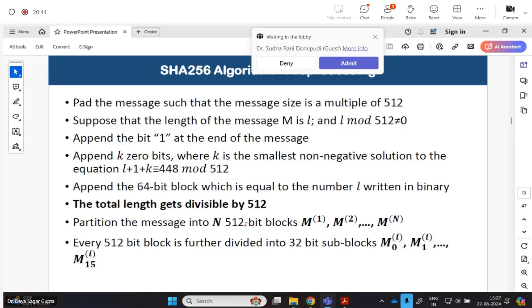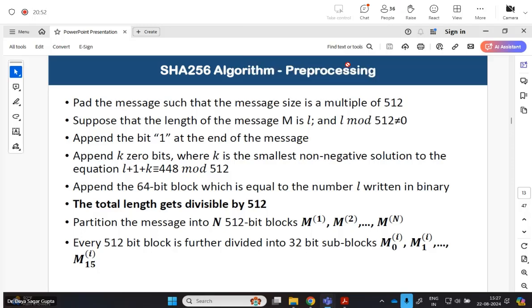Now let us call these 512-bit blocks M1, M2 up to Mn. So let us suppose there are n such blocks, each having 512 bits. Now every 512-bit block is further divided into 32-bit sub-blocks. So what do you mean by this?